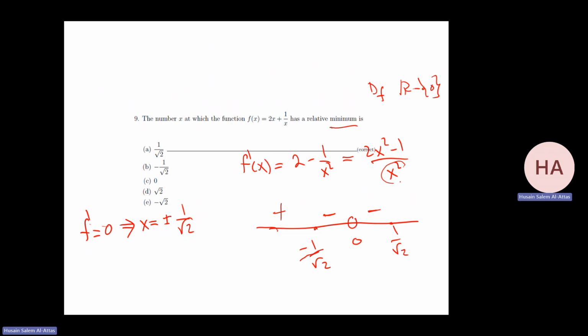It will be negative. The denominator is always positive. Take a value more than this, like 2. It will be positive. So positive, negative, negative, positive: increasing, decreasing, decreasing, increasing. He wants what? The minimum will be here, at 1 over root 2.